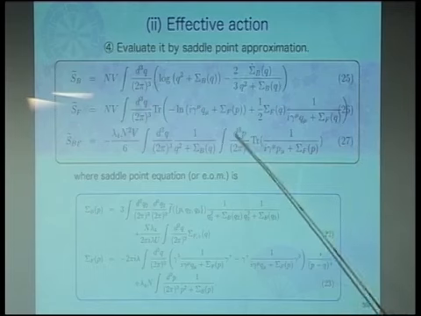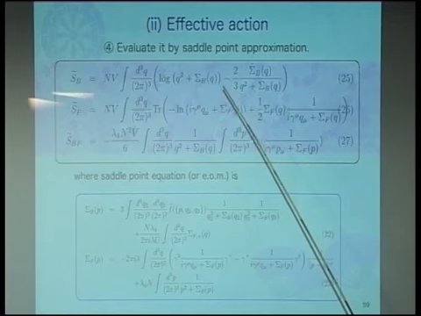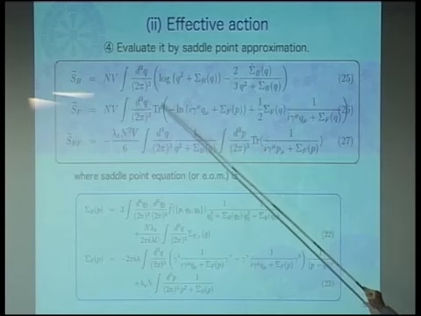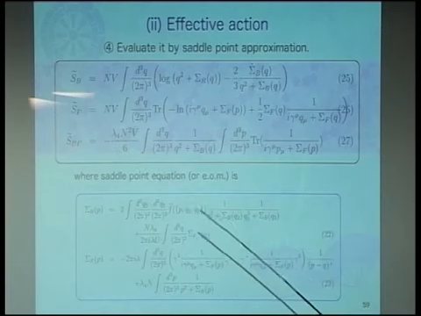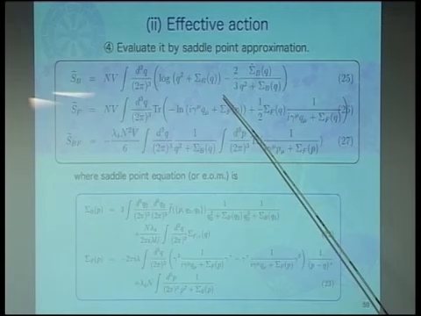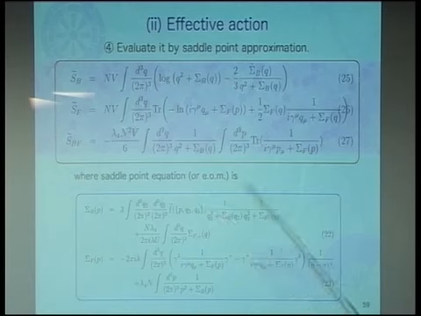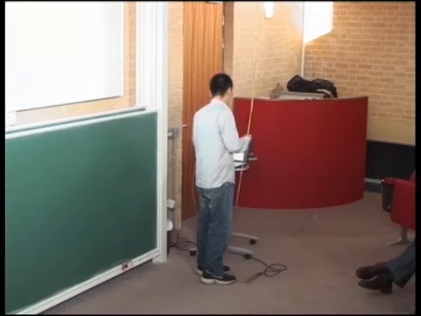The result is the following. Okay, this and this look the same as this and this in the purely boson or fermionic case. And the saddle point equation is actually the same as the previous one, which was derived from the diagrammatic viewpoint.